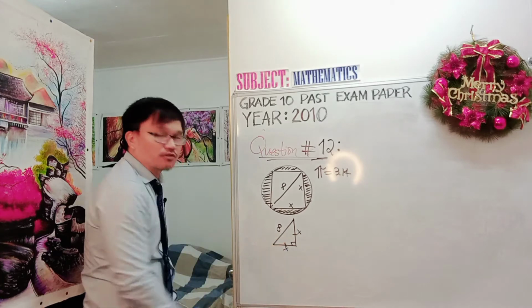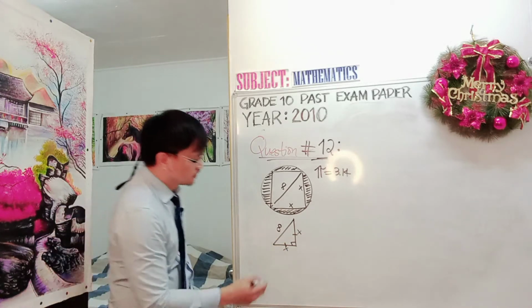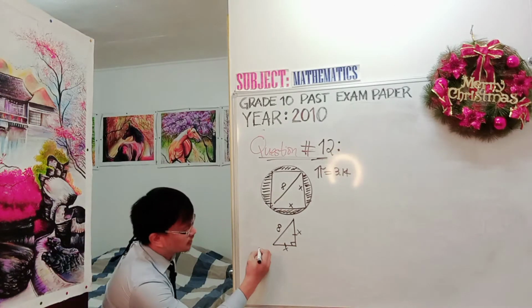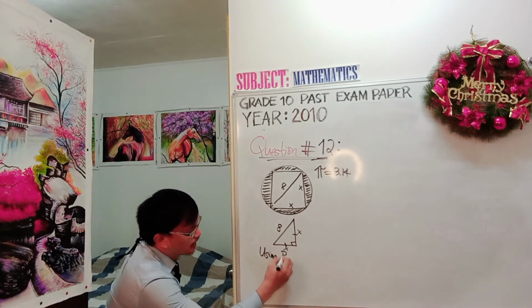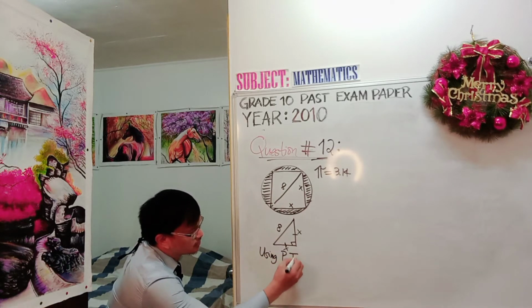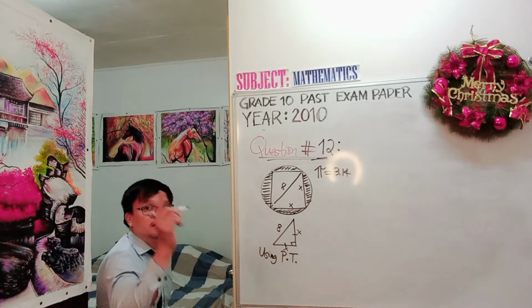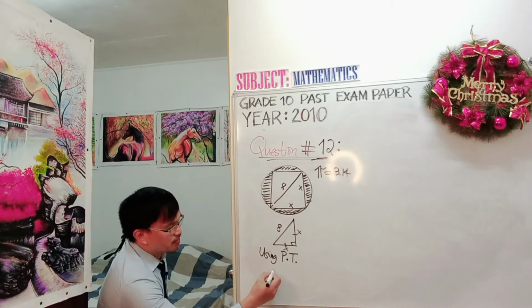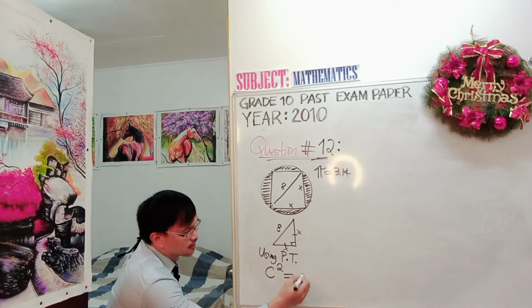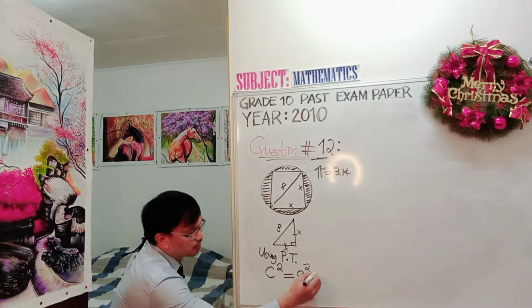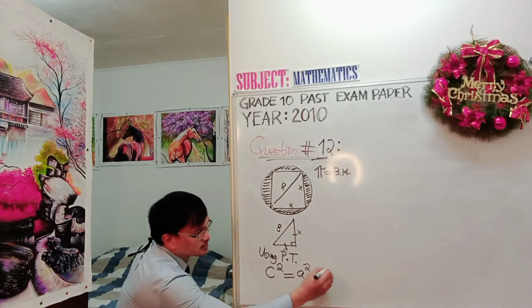Since this is a right angle triangle, you will now be using Pythagoras theorem. The Pythagoras theorem, which you will also have to memorize, is c square equals a square plus b square.